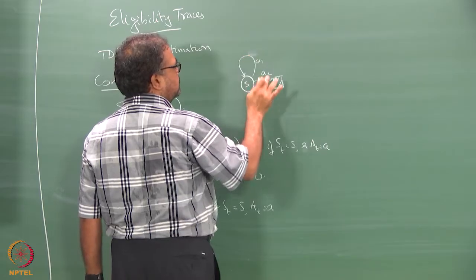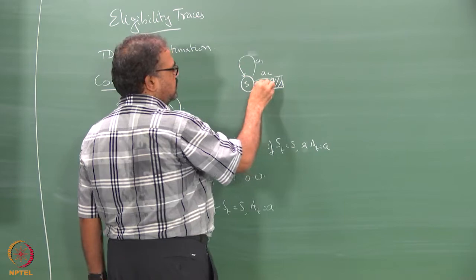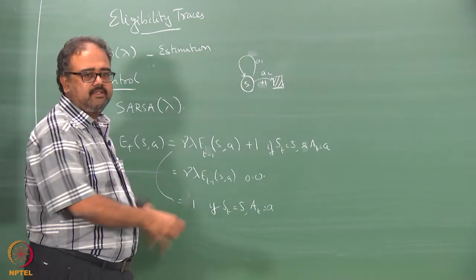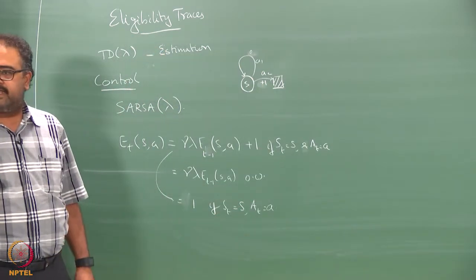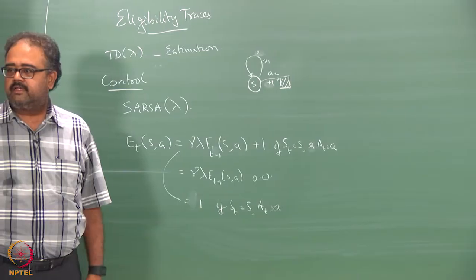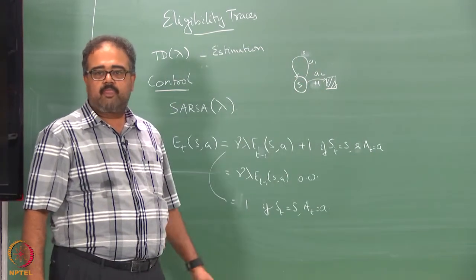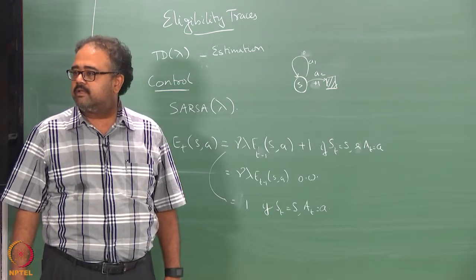This is action A2, that is action A1, this has a 0 reward, and then I have a policy right now that keeps taking action A1 many times and then finally takes action A2 and gets a reward of +1.